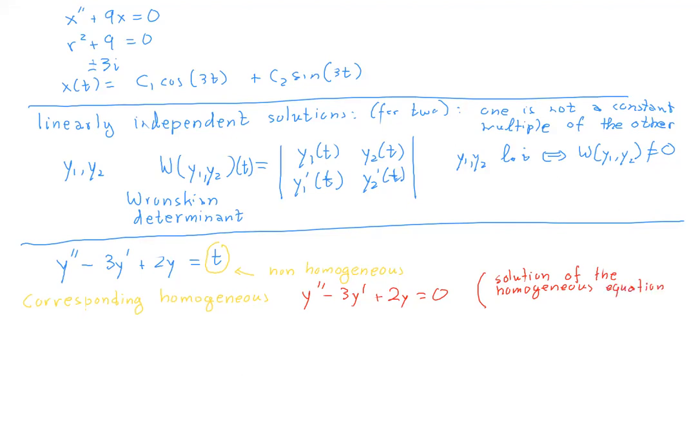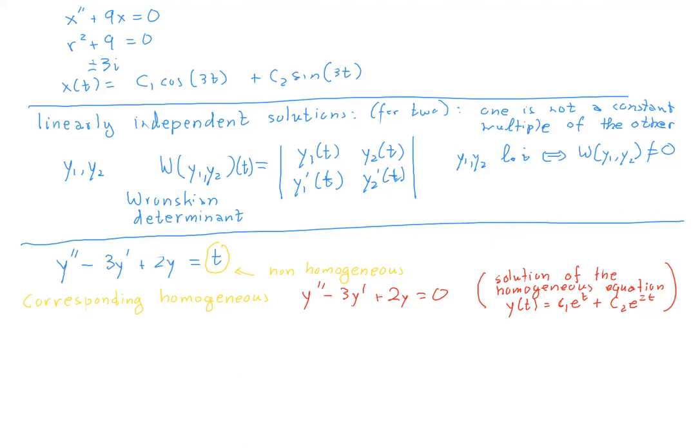So you can check your notes, or you can find the auxiliary equation, and that immediately will give you y of t is equal to c1 e to the t plus c2 e to the 2t, right? So that's the solution of the homogeneous equation using methods that we just discussed a moment ago, using just the auxiliary equation.